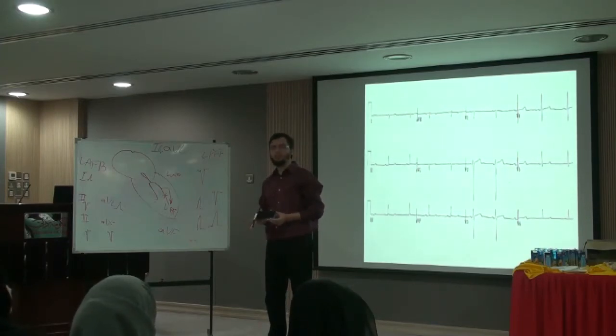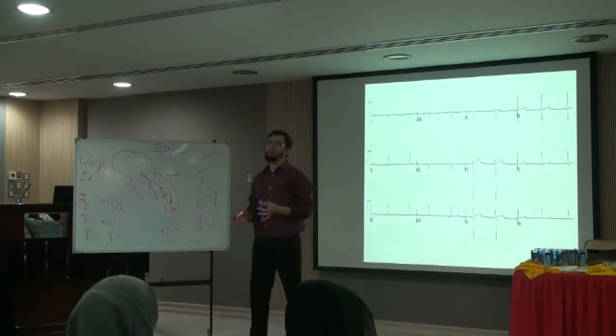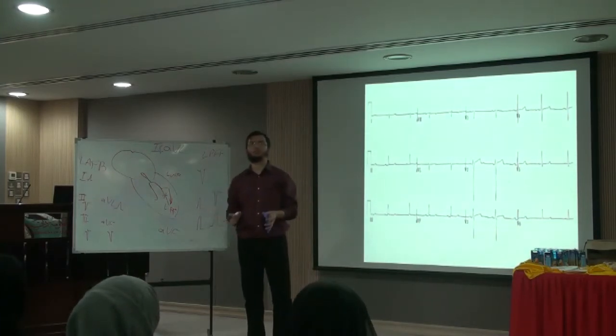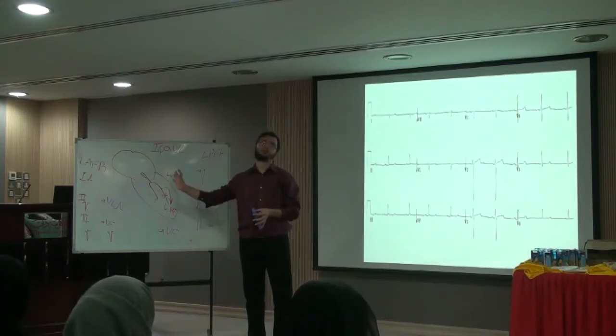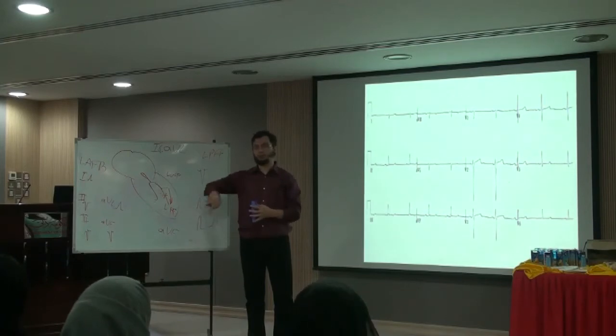In general, when you have positive in 1 and negative in AVF, one of the causes of left axis deviation is left anterior fascicular block. So if you find that the patient has left axis deviation, let's search. The patient doesn't have LVH. The patient doesn't have WPW. You exclude the other causes.